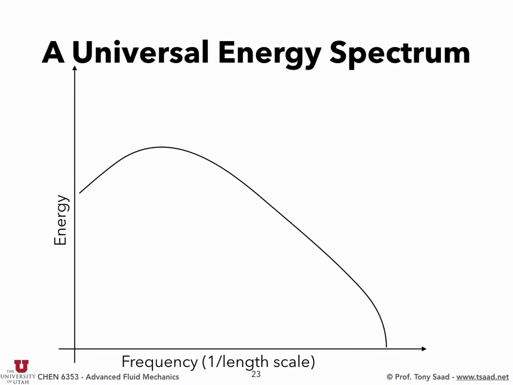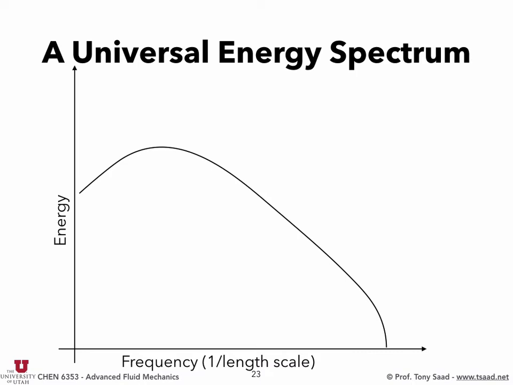It turns out that also turbulence, at least isotropic turbulence, has somewhat of a universal energy signature. So if we take a snapshot of the simulation we looked at before, and somehow calculate the energy contained in eddies of the same size and add them up. Let's say you have eddies of size L0, like 4 of those eddies.